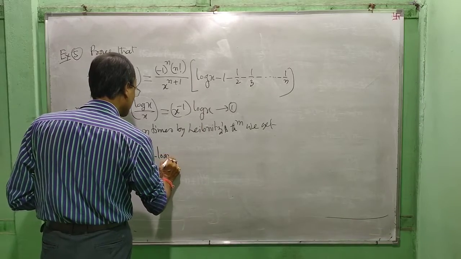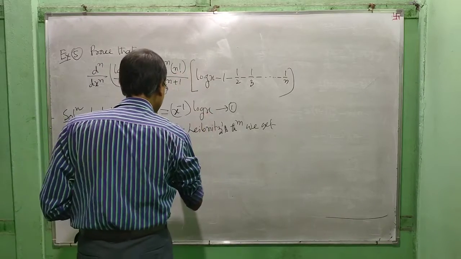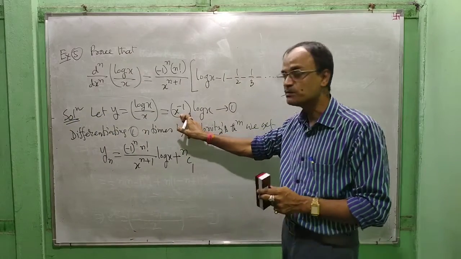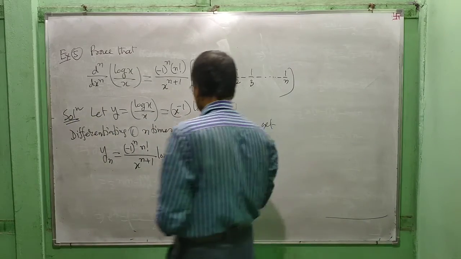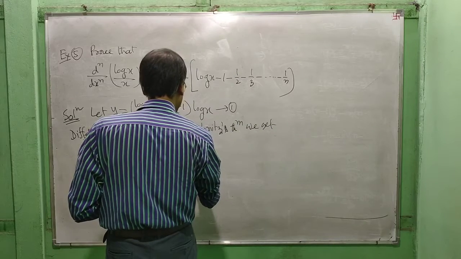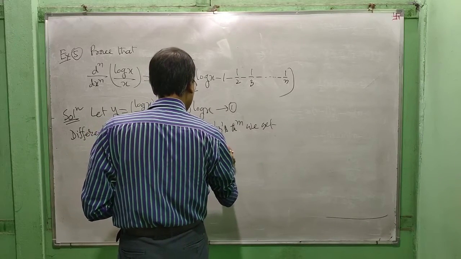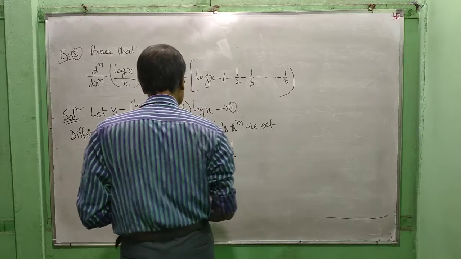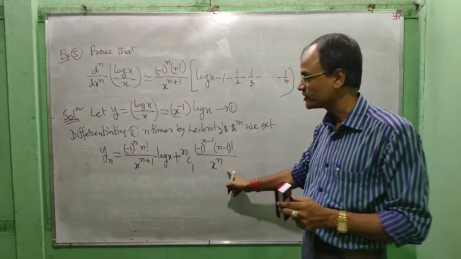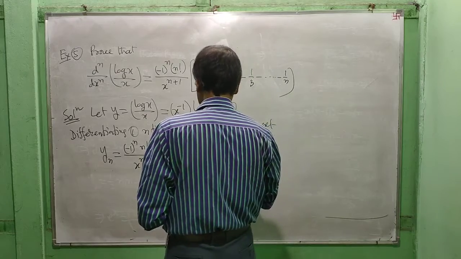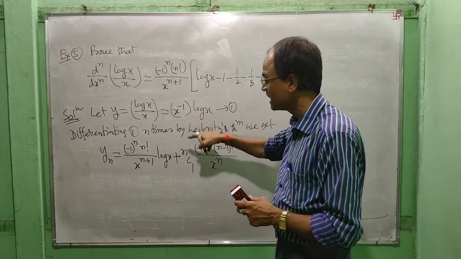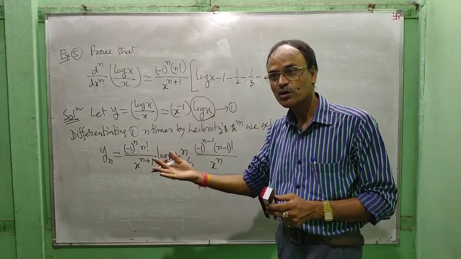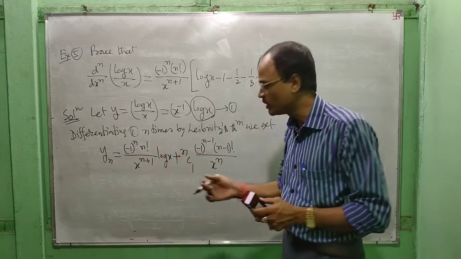It is log x plus nc1, n minus 1 times differentiation. It will be minus 1 whole to the power n minus 1 factorial n minus 1 divided by x to the power n minus 1 times differentiation of this into first differentiation of log x only for one time. It will be 1 by x.